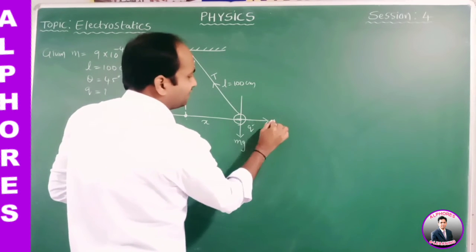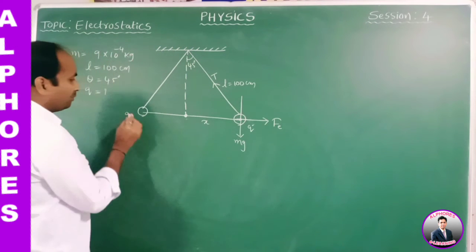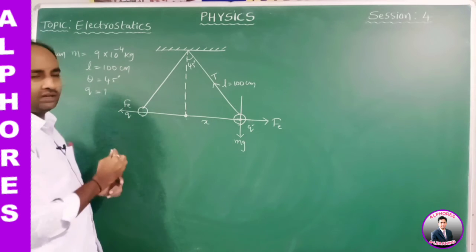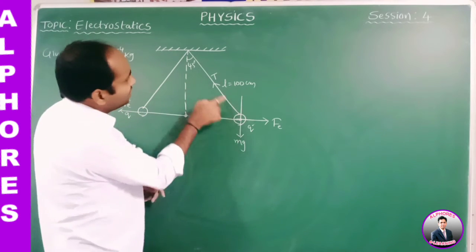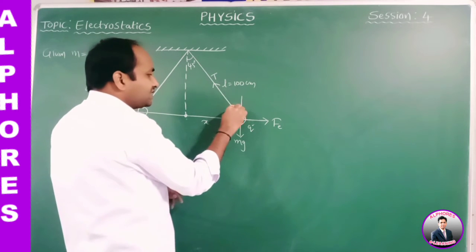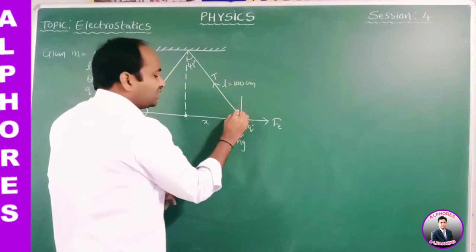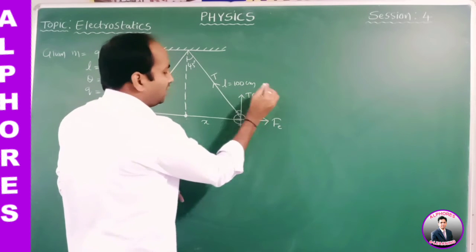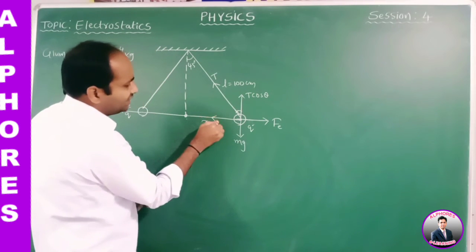They repel each other with a force Fe. If T is the tension in the string acting along its length, resolving T into components, the horizontal component is T cos theta, and the vertical component of the tension is T sin theta.